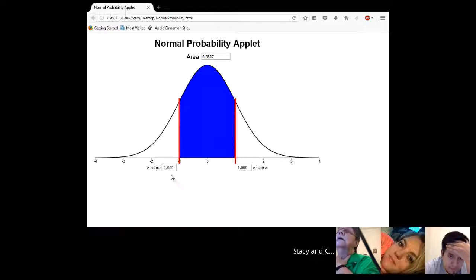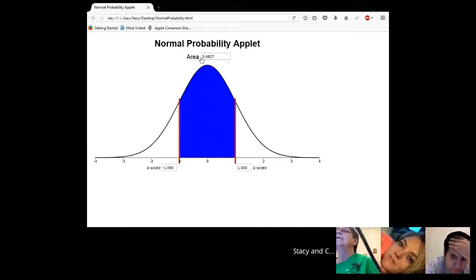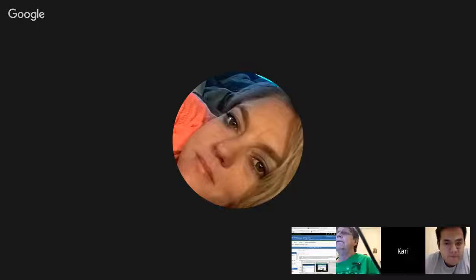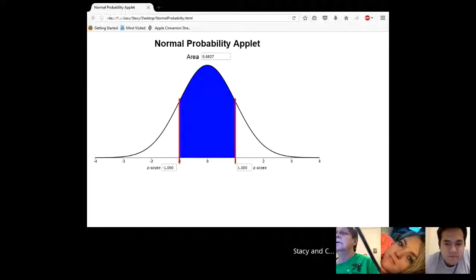I just put in the 1 and highlighted the area in between. It's 0.6827, so rounded to 3 decimal places it's 0.683. Okay. Awesome.